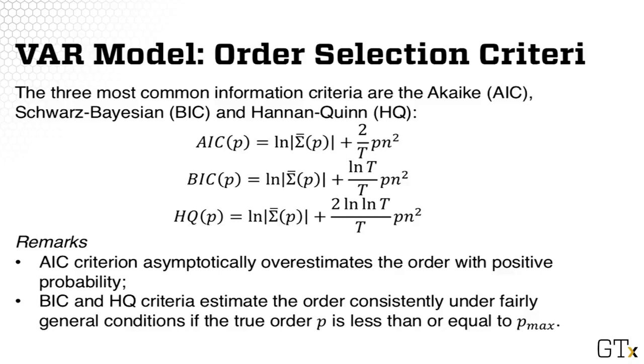The only difference across these criteria is the specification of the complexity penalty. AIC is more generous in the sense that it penalizes least for complexity, whereas BIC and HQ penalize most for complexity. Thus, BIC and HQ are indicated to be used to select order when we're interested in prediction and forecasting.